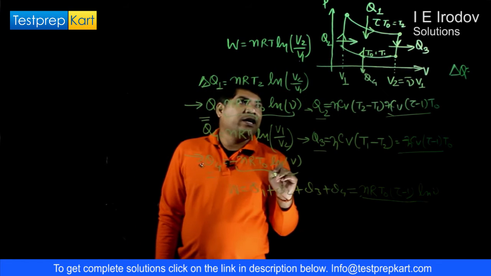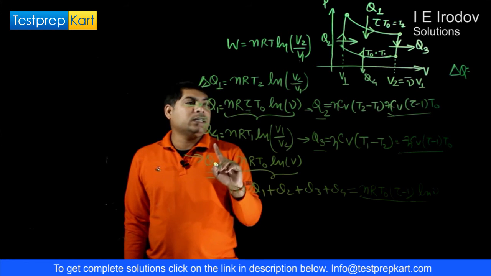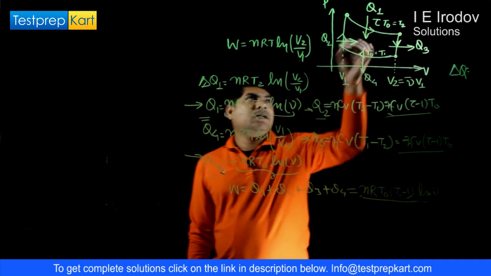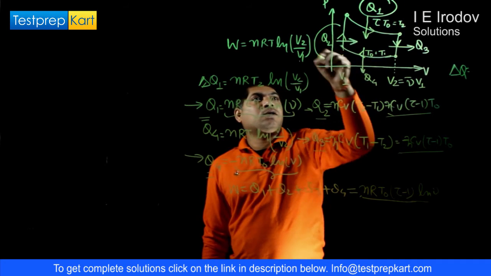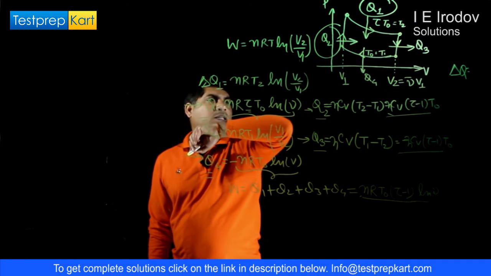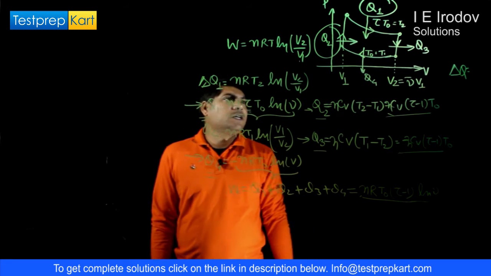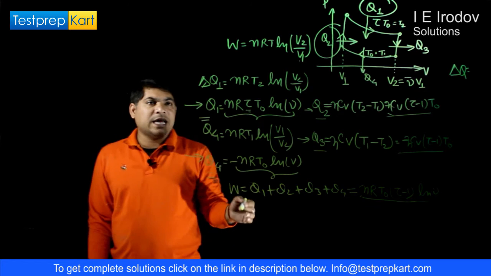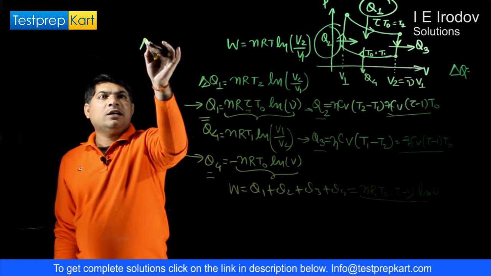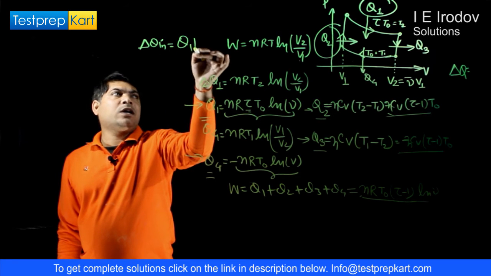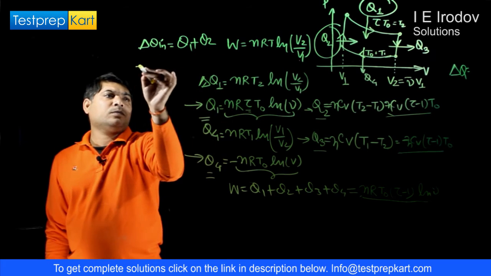Now we need to calculate the efficiency. Efficiency is work done divided by the total heat supplied. In this process, heat is supplied at two places, Q1 and Q2. So heat supplied, Q in, is Q1 plus Q2.